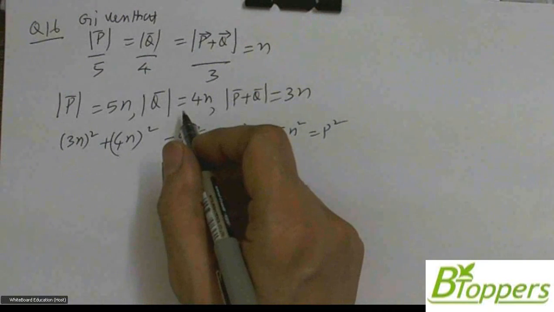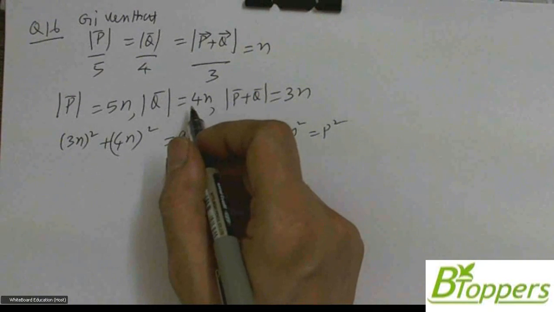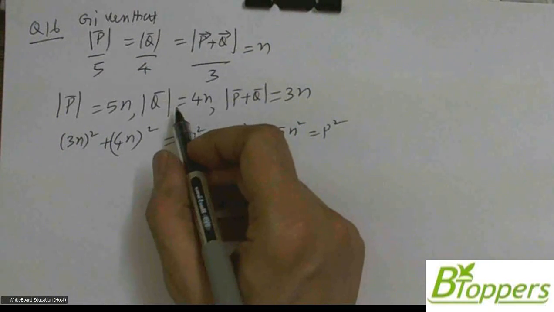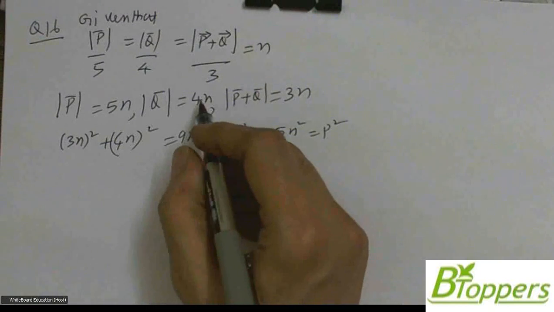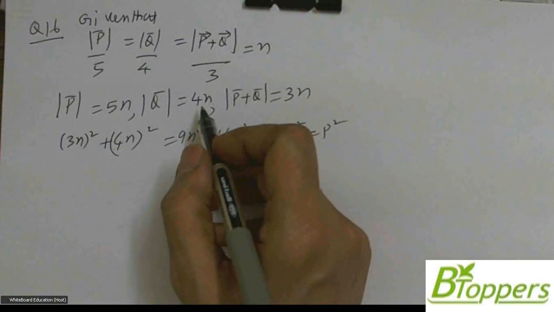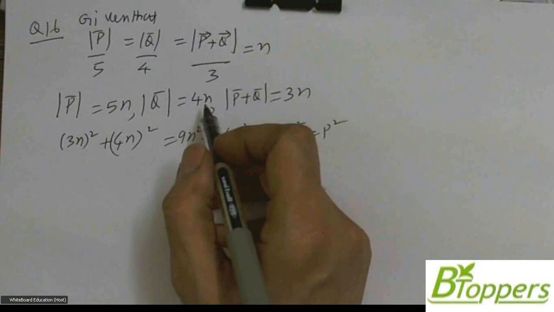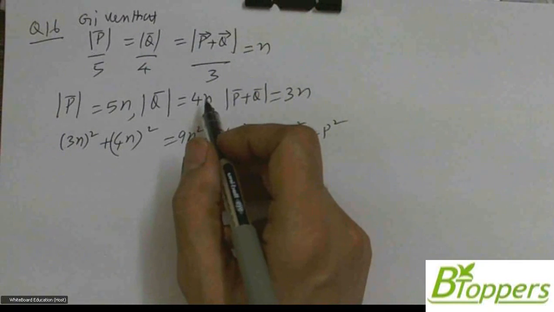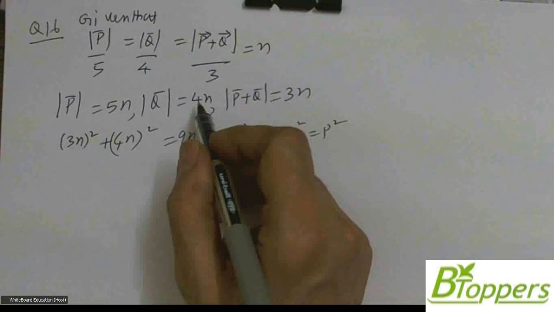So when you want to solve the problem by the triangle law of addition of vectors, you can first check whether the three given magnitudes satisfy the condition of Pythagoras theorem for a right angle triangle. That means you can check by adding the squares of the smaller magnitudes.